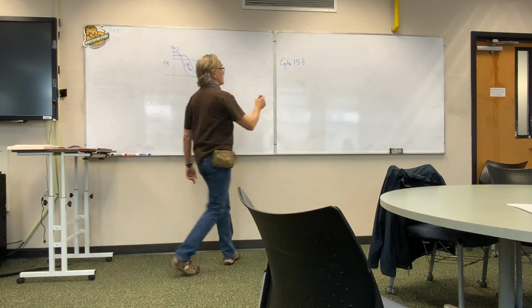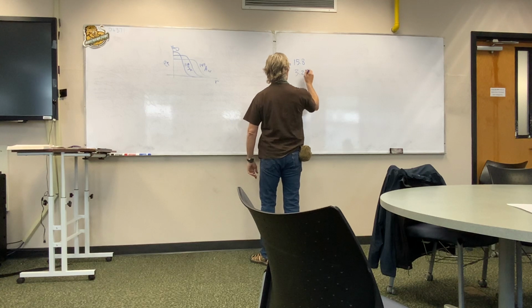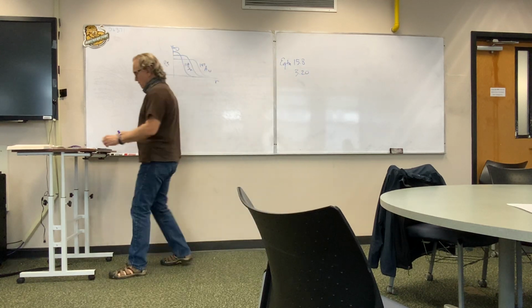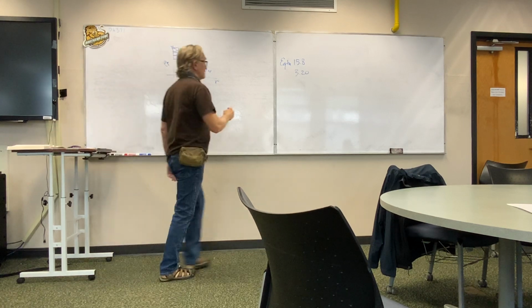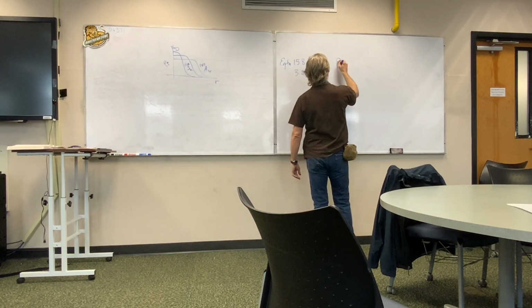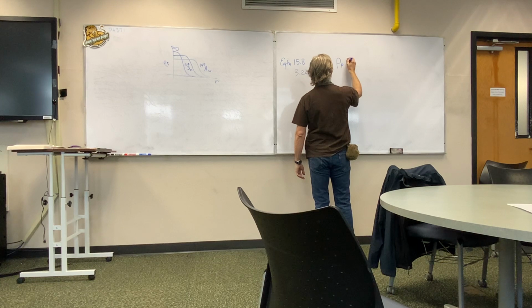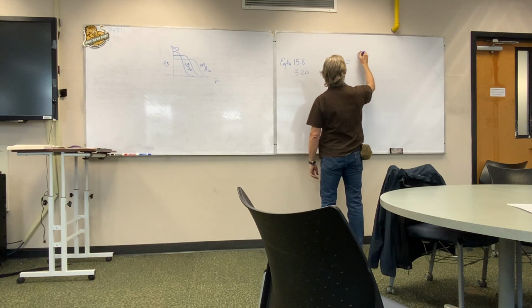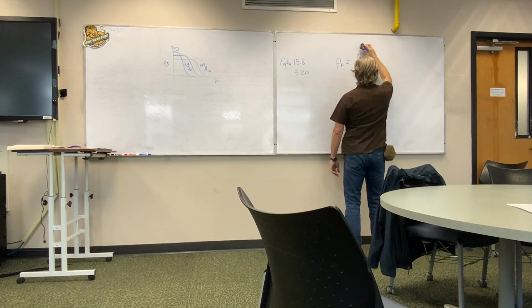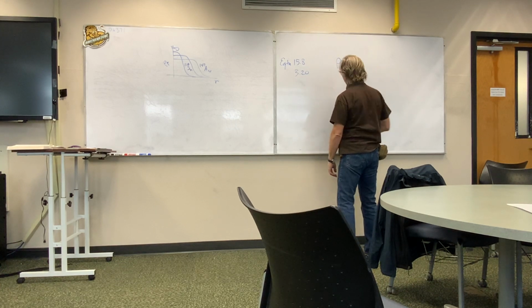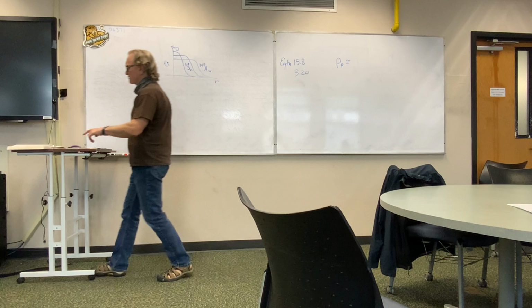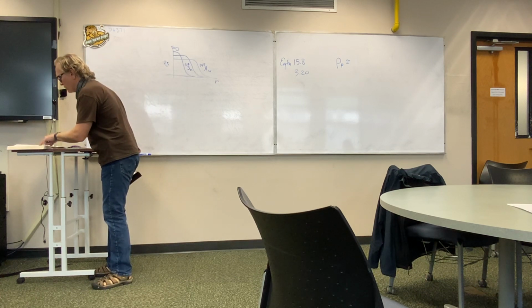Equation 3.20, Dunlap. They both amount to the same thing, that the density of protons is approximately equal to the number of protons. No, I'm going to write it the way he does.